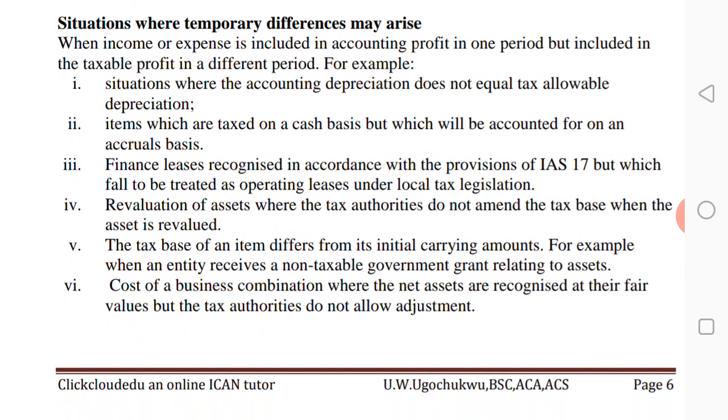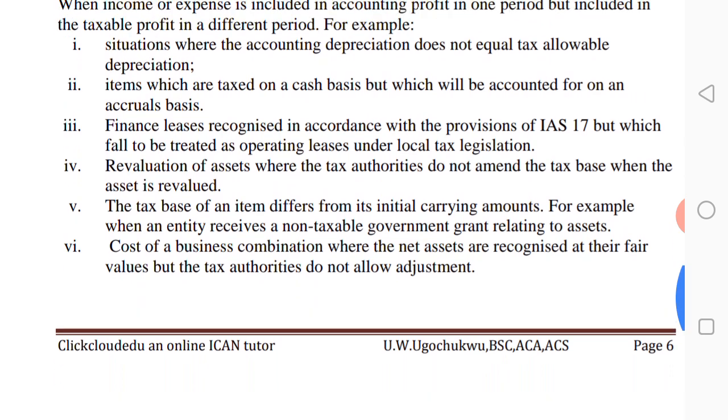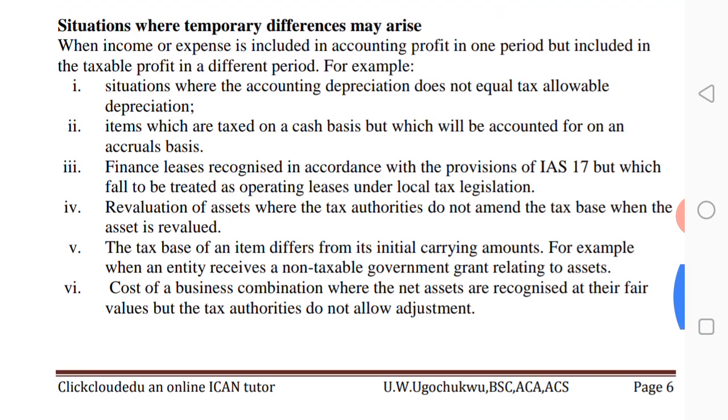For example, the valuation surplus is an income that will be recognized as our fair value gain. It's an income that will be recognized in our profit or loss. But for tax purposes, fair value is not an item of cash, so it will not be recognized for tax purposes, because tax follows cash basis.